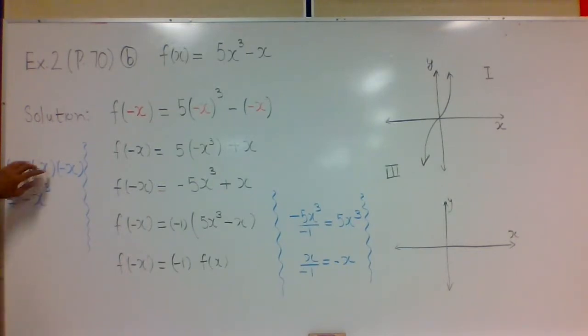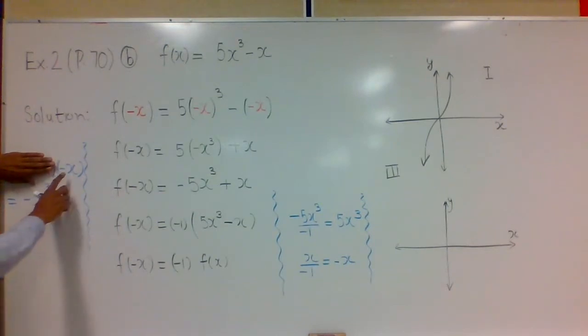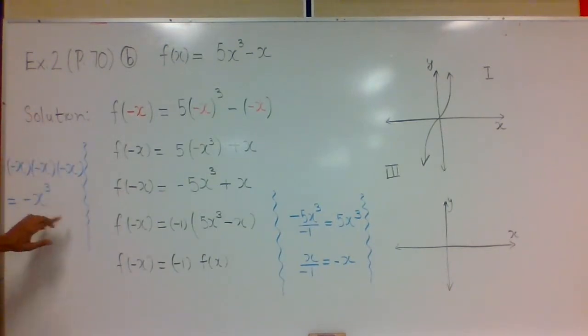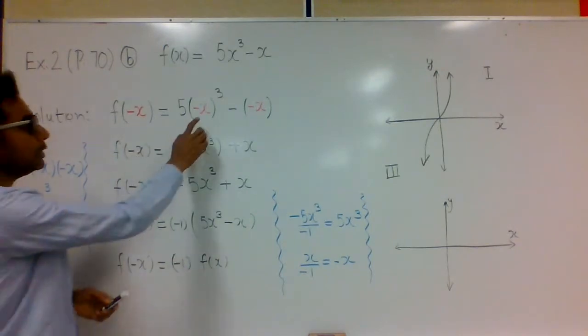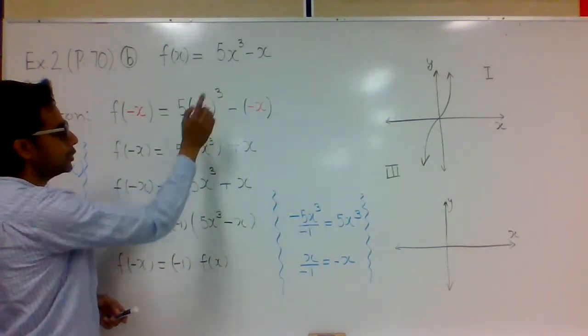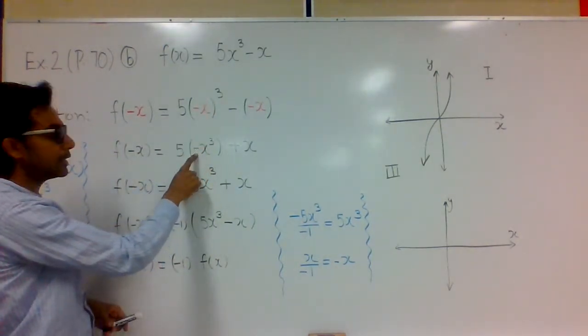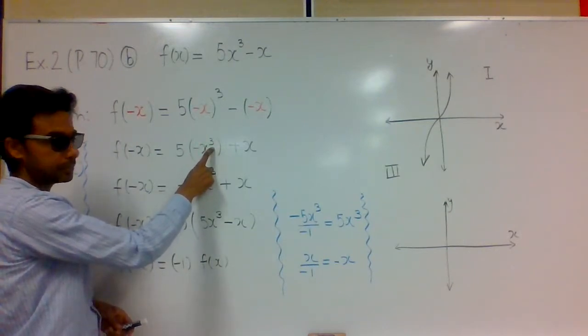Negative multiplied by negative is positive. Positive multiplied by negative is going to be negative. So it will end up being a negative value. And then x times x times x is x cubed. So (negative x) cubed is going to end up being negative x cubed.